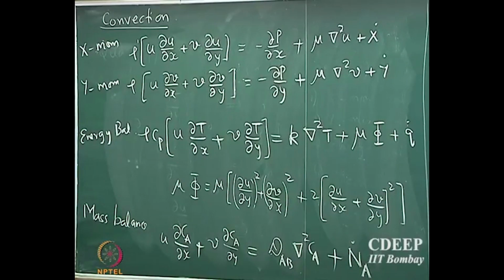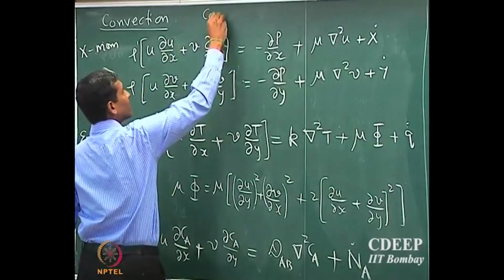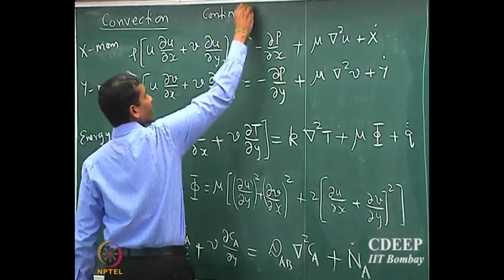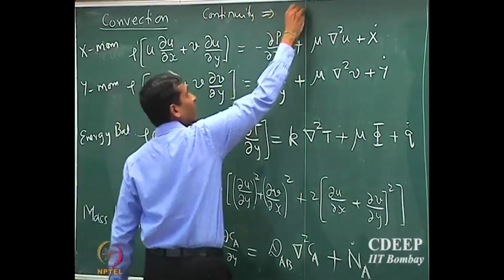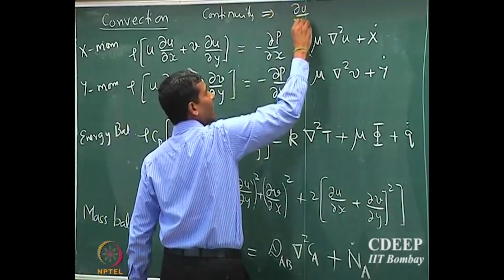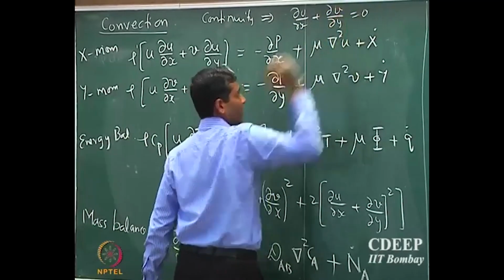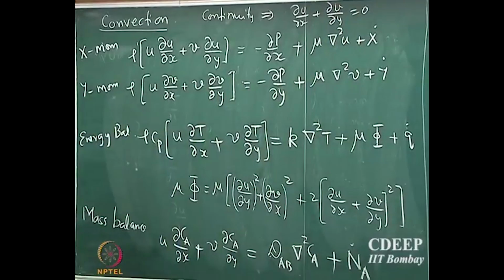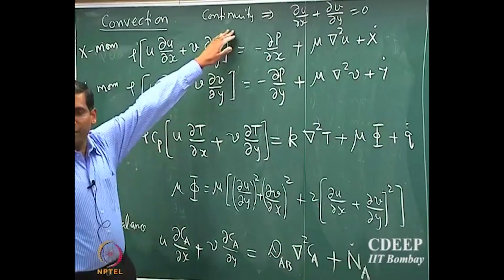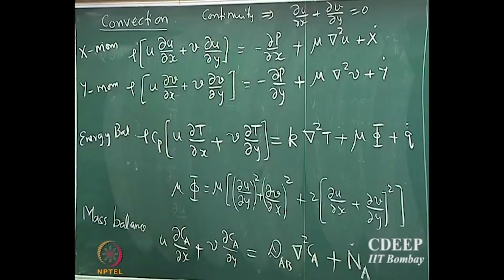So these are the four balances, and of course you can write the continuity equation. That is dou U by dou X plus dou V by dou Y, that's equal to 0. The moment you say it's an incompressible fluid, the continuity equation is naturally satisfied, right?